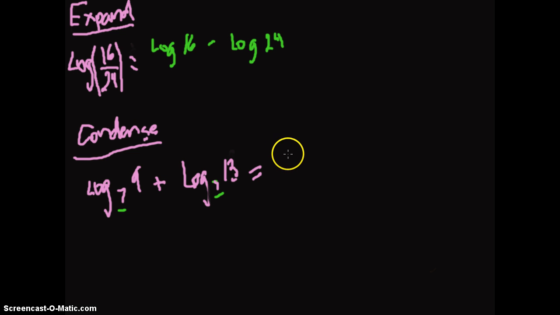Okay, so we said that when we condense addition, it turns into multiplication. So let's just do that, and we should get log base 7. Keep your bases, guys, of 9 times 13.